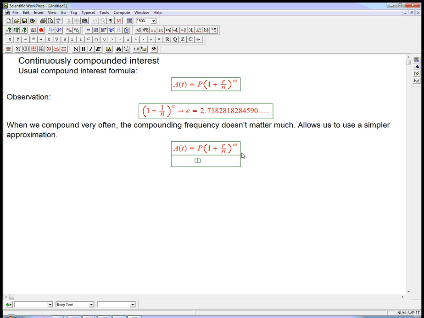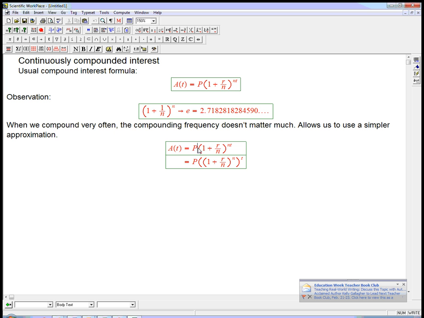Then there's another thing I can do, which is using rules of exponents. I can take this to the n and then to the t. Basically, in terms of the finance, this part is the growth factor after t years, and I know that if I multiply that by what I started with in the account, then I'm going to be good.